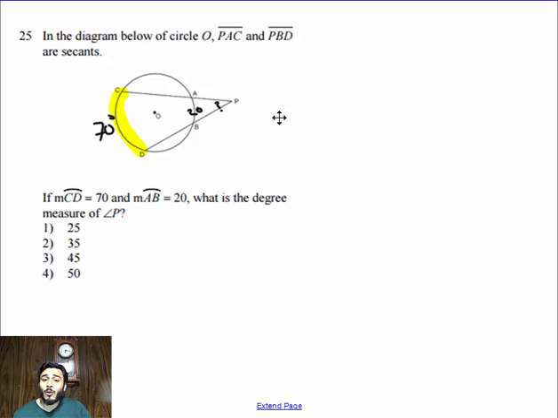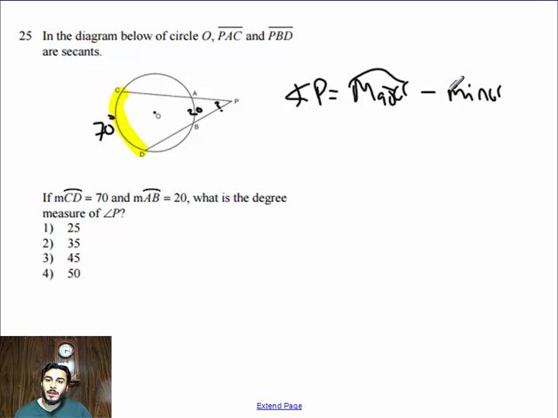Now, to find angle P, we got to use the formula. The major intercepting arc, subtract the minor intercepting arc, and then the result of that divided by 2. That's the formula. That's how you're going to get angle P. Memorize that formula.